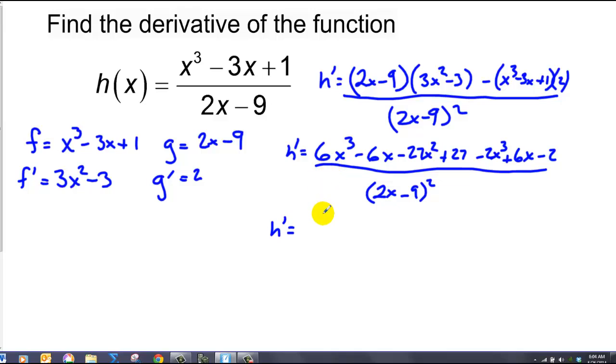Now let's simplify like terms. We have 4x cubed minus 27x squared. The 6x's go away. We have positive 25. And that's all over 2x minus 9 quantity squared.